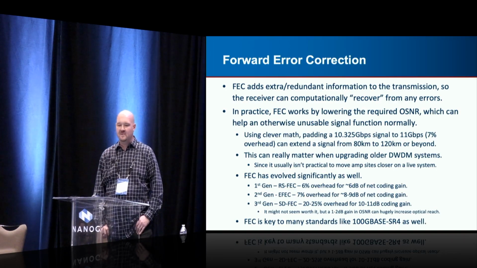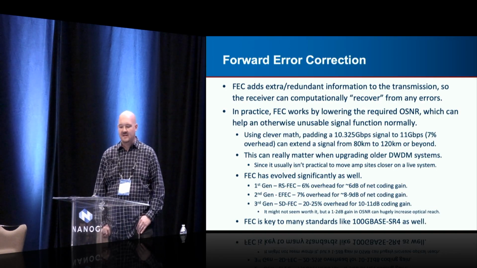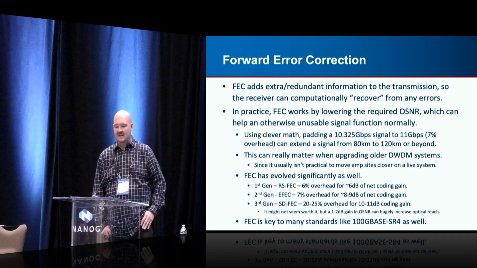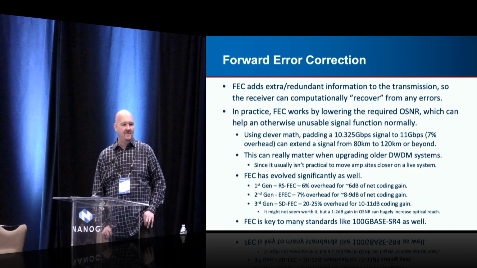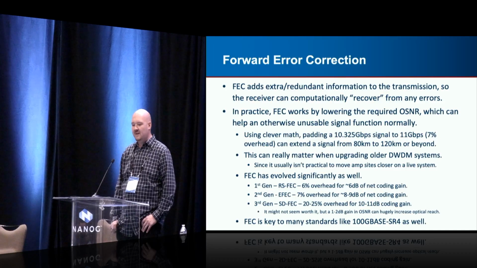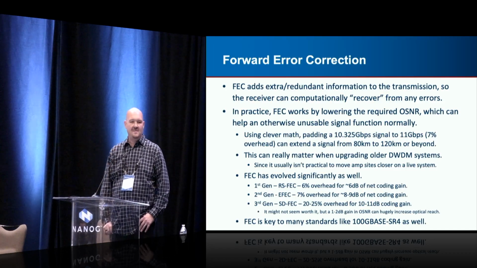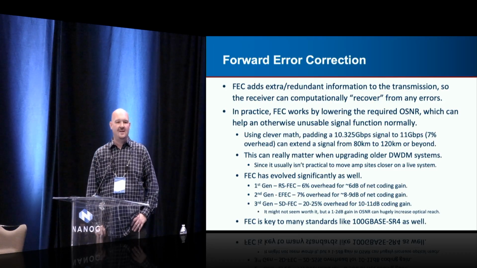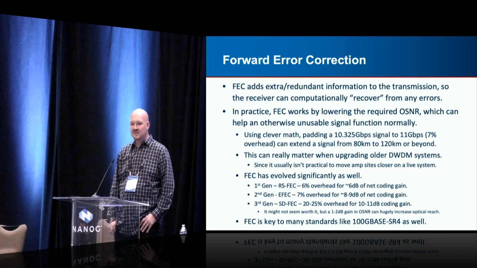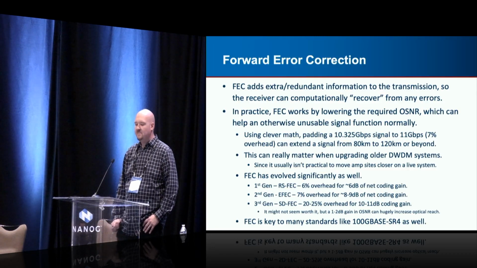For example, a 10 gig signal, a 10 gig E signal, is 10.325 gigabits. Well, if you bump it to 11, with 7% overhead, you can take that same signal and now carry it 120 kilometers instead of 80 and still decode the signal on the other end.